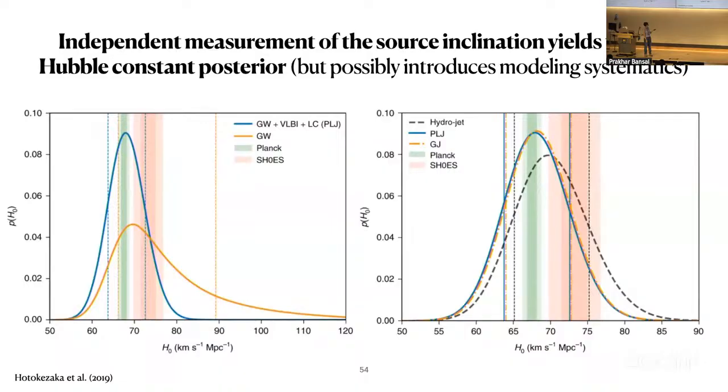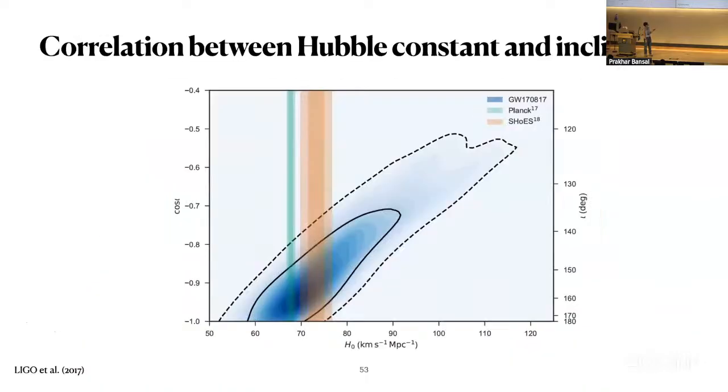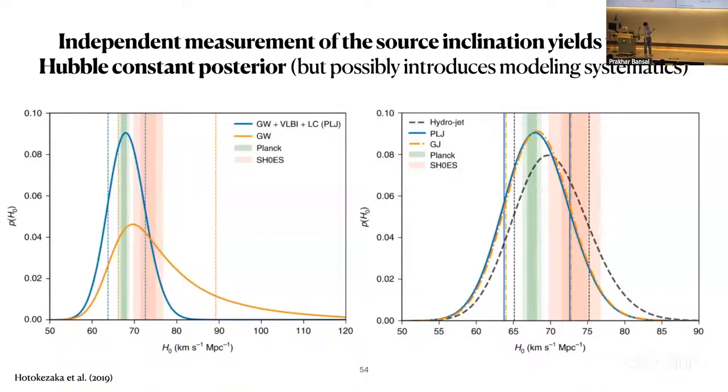That's ruling out things in the high H0 tail, or these more edge-on configurations here, but also ruling some things out here. The inclination was probably around 30-ish degrees.